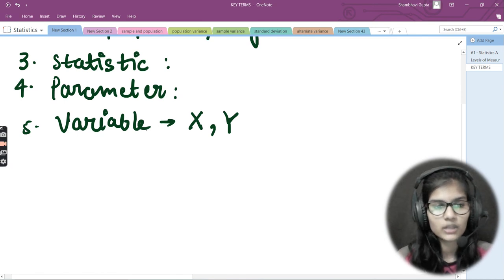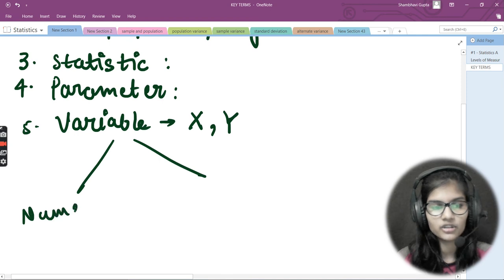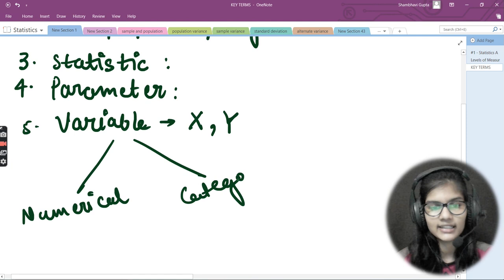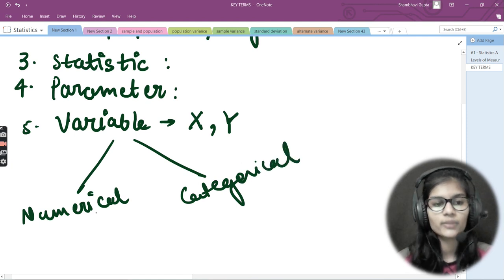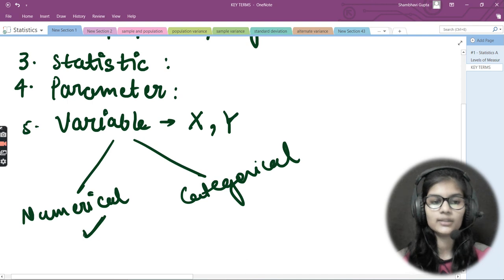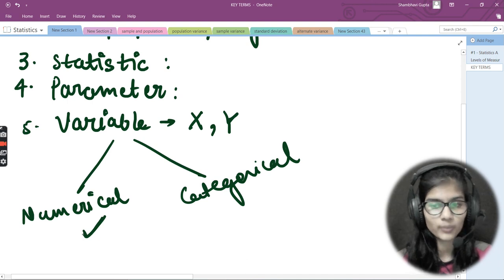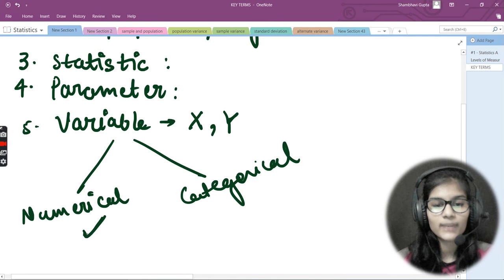So the first one is numerical and the second one is categorical. Numerical deals with all the numerical values, as in the examples, weight in pounds and time in hours.